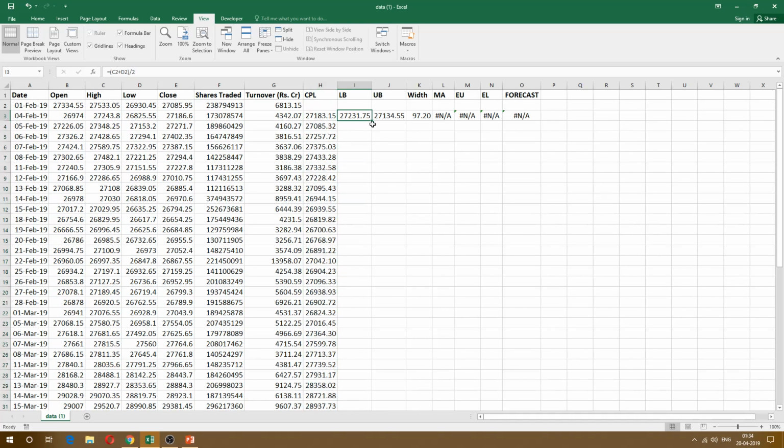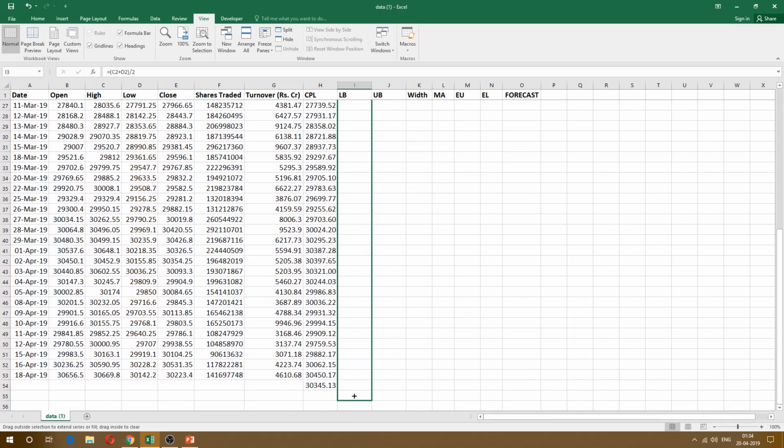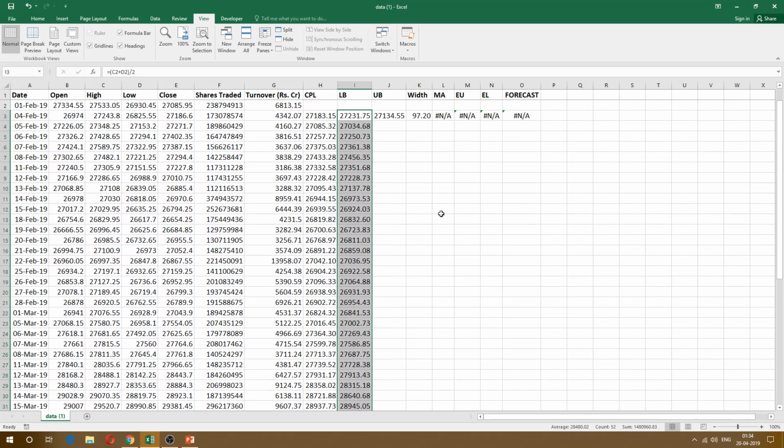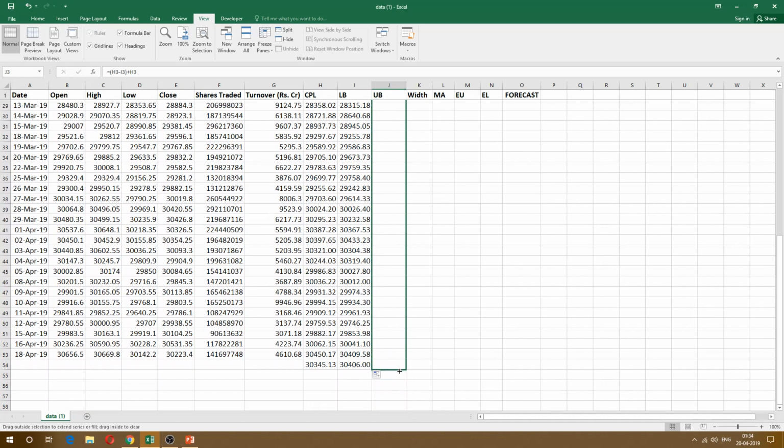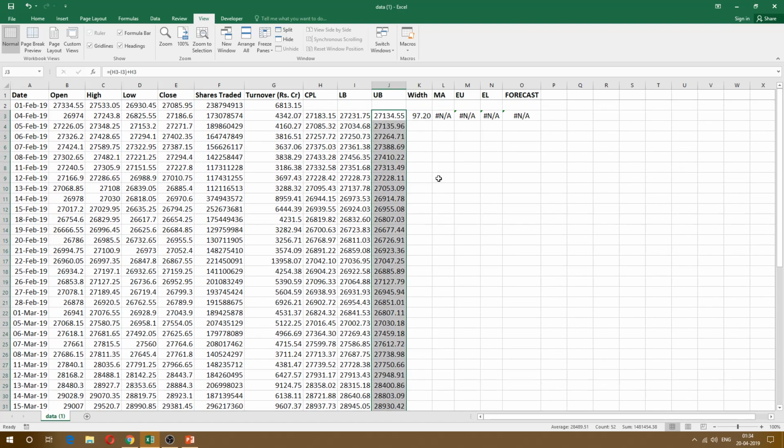Now for the lower boundary, do the same. Upper boundary, same. Width is the difference between these two, absolute value, right?